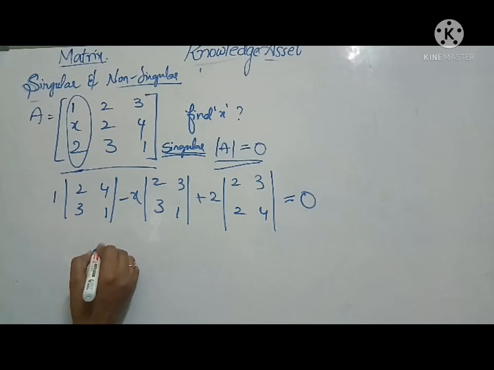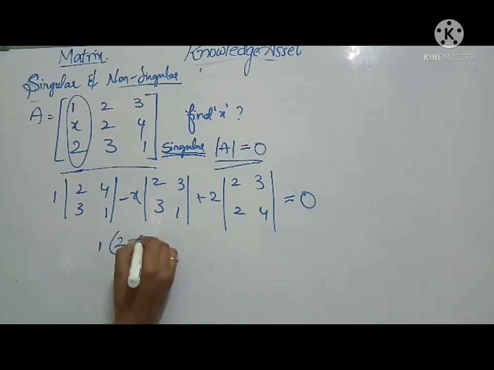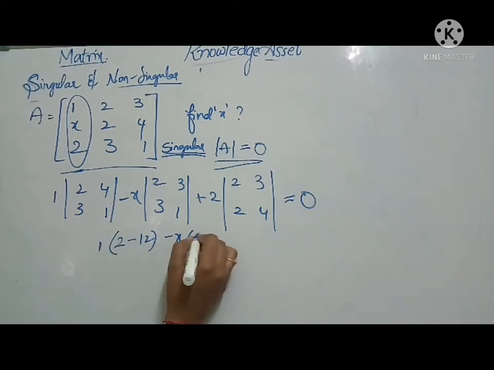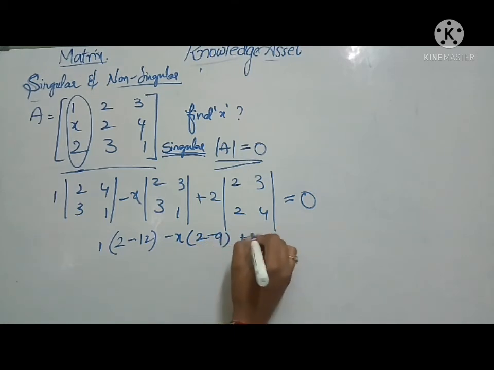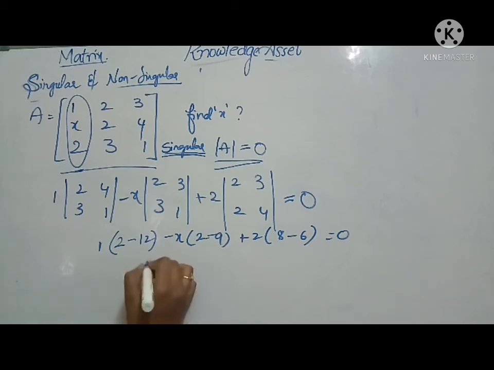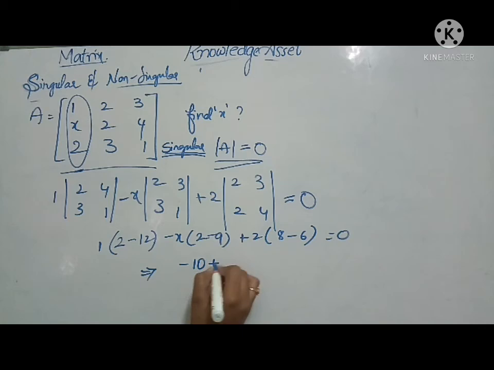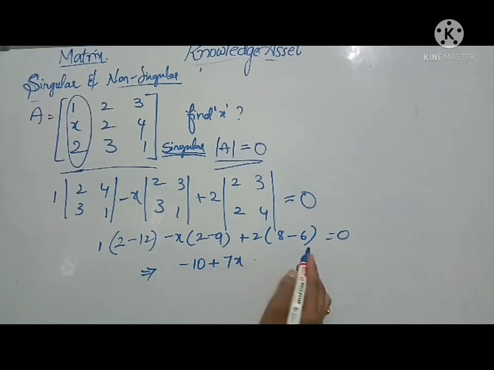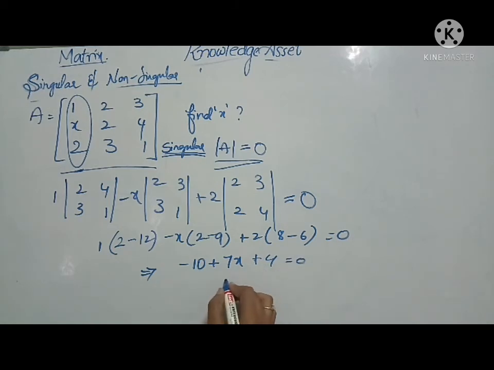From this we get 1 into (2 minus 12) minus x into (2 minus 9) plus 2 into (8 minus 6) equal to 0. From this we obtain minus 10 plus 7x plus 4 equal to 0, and from this x is equal to 6/7.